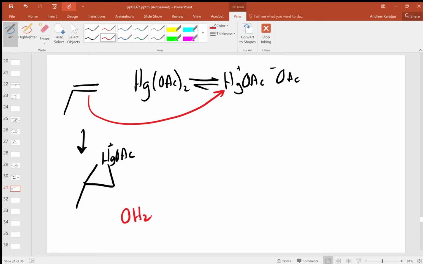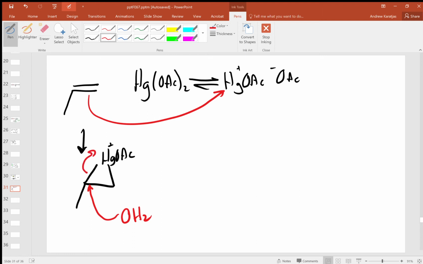And the reason water is able to attack is three-membered rings are generally unstable. They suffer from a high degree of ring strain. And in addition, this one has a positive charge in it. So the nucleophile here, the water, will actually attack at the more substituted carbon, and that's because that more substituted carbon is able to bear more of the positive charge.